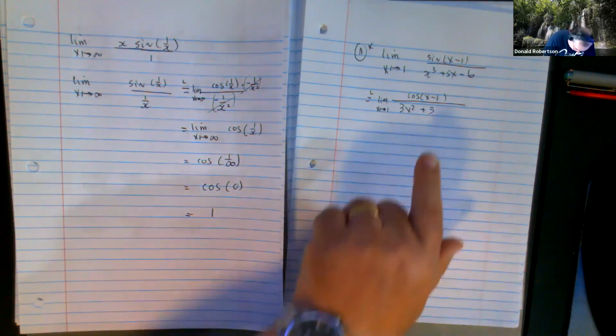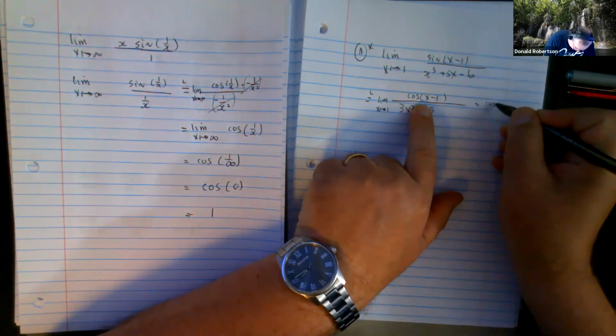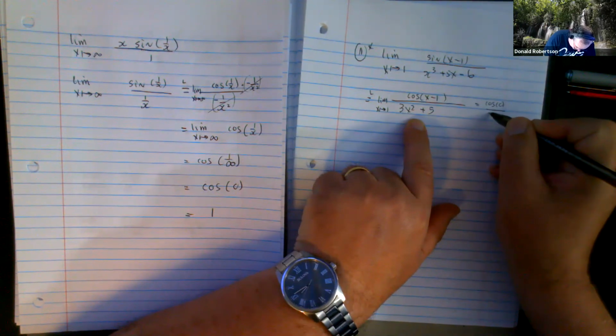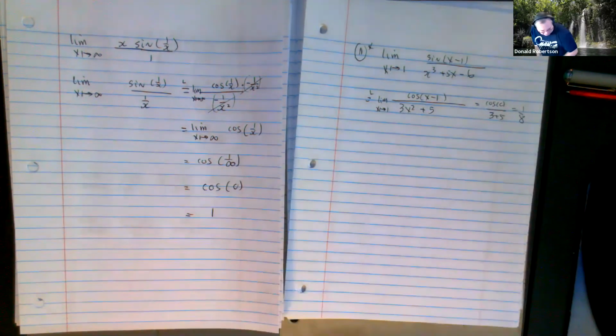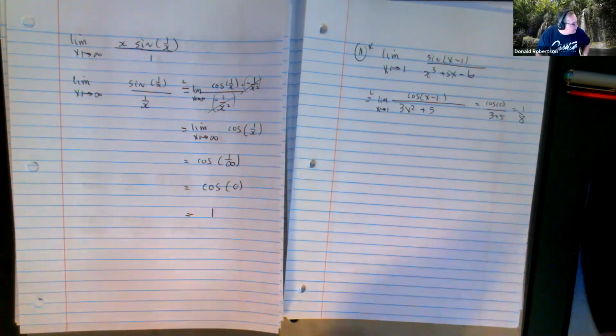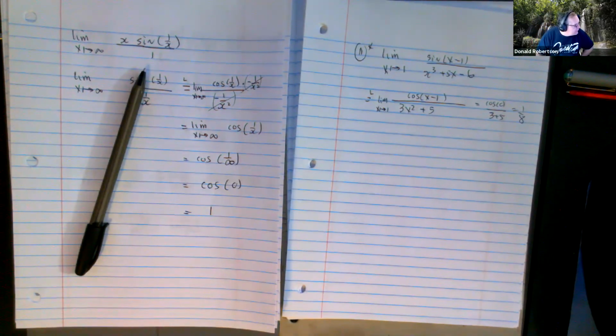Only now we can plug in 1 and get the cosine of 0 and basically 3 plus 5. So the answer is 1. I don't think that was actually that big a deal. Okay, the last thing to look at is what is indeterminate form.